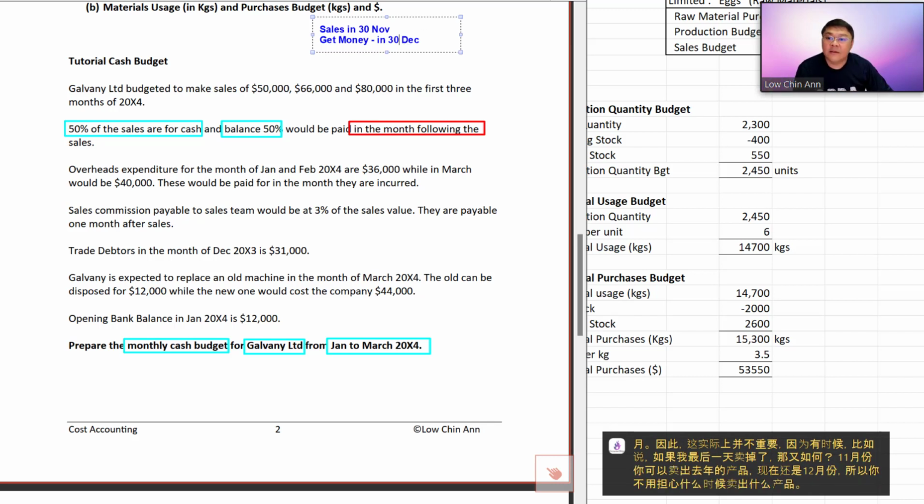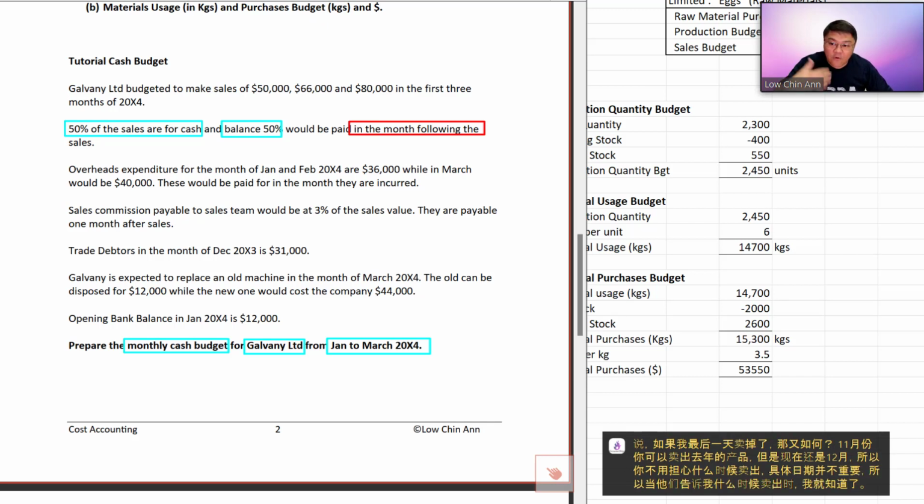It's not important. So when they tell me it is the month following the sales, if I sell in January, the month following January is February. So that's all we're going to do.